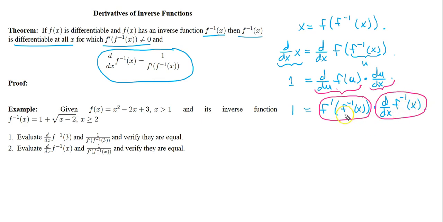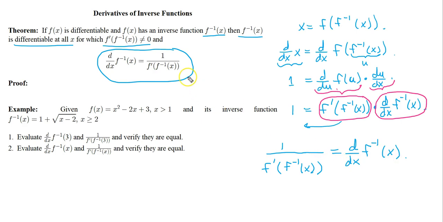And now all we have to do is divide this to the other side and we get our result. So just taking this, dividing it underneath the 1, leaving this on the other side, we end up with our result right here. So we end up with, and that's exactly what we have written up here.